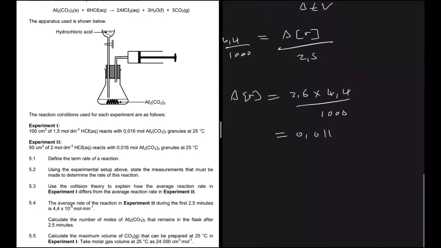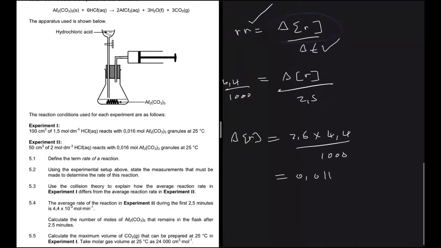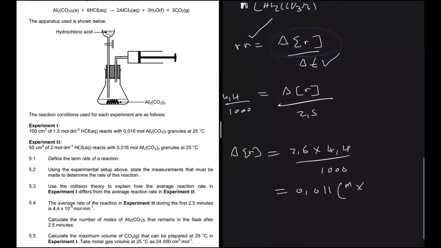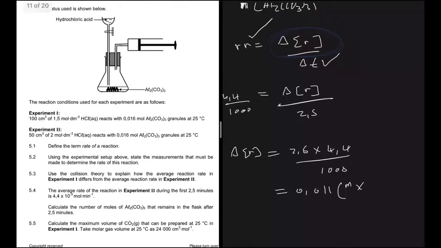We know that 2.5 is in minutes, and it's been multiplied by the reaction rate, which is in moles per minute, right? So the minute and minutes cancel out. So the change in the number of moles is 0.011 moles, instead of moles per decimeter cube.